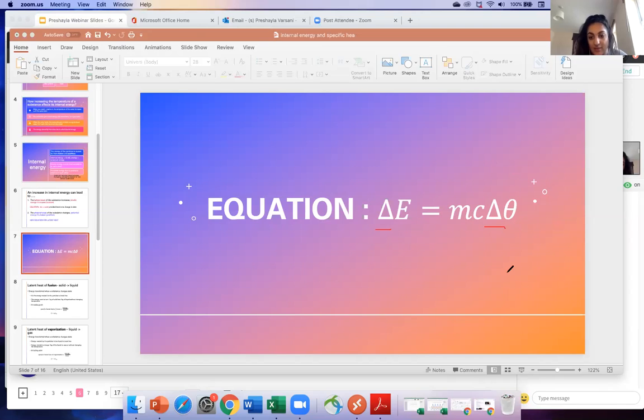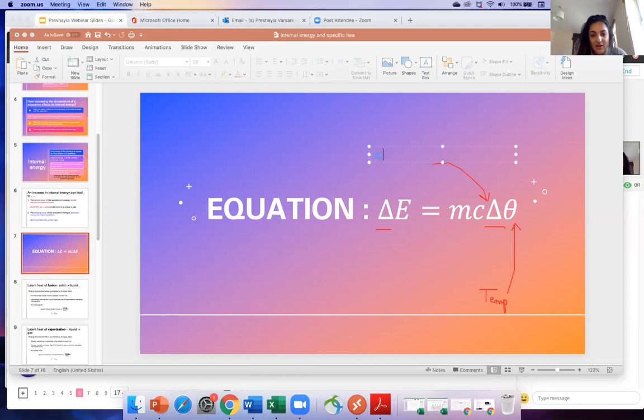So theta is temperature. C is specific heat capacity.